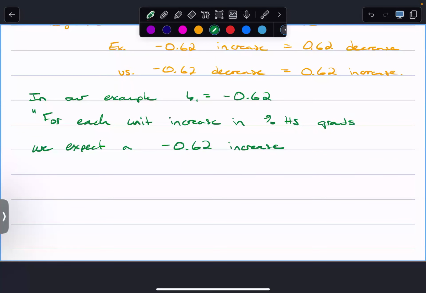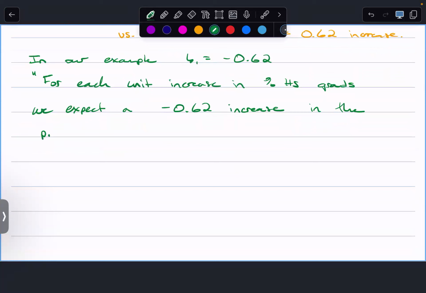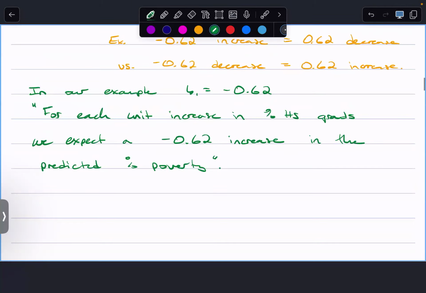It's a percentage, but I don't care about units. Don't tell your chemistry and biology professors if you have them. I don't care about units that often. So we expect a negative 0.62 increase in the predicted percent poverty, right? Y hat is the predicted percent poverty. So that's what I would expect to see as your interpretation of the slope.